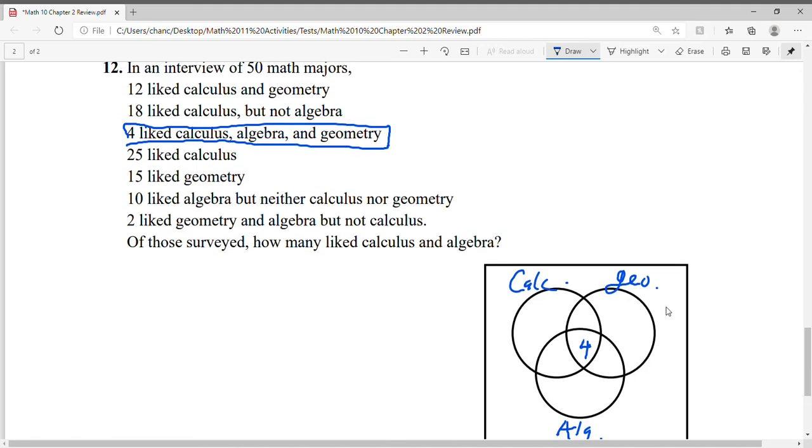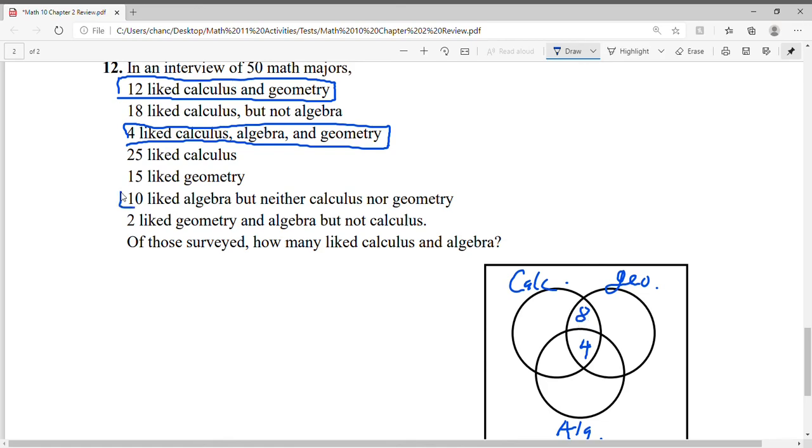And then we can try to figure out the other regions. We know 12 liked calculus and geometry. So we know that in this region the total should be 12, therefore this must be 8. 8 plus 4 gives me 12, so this has to be 8.